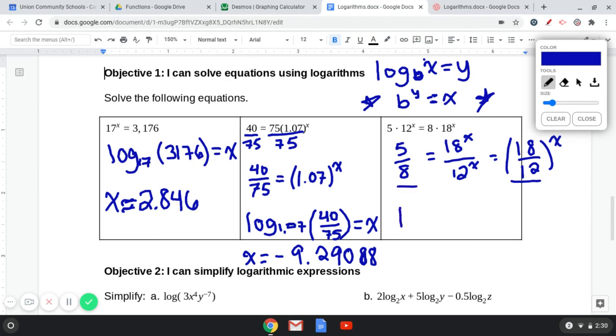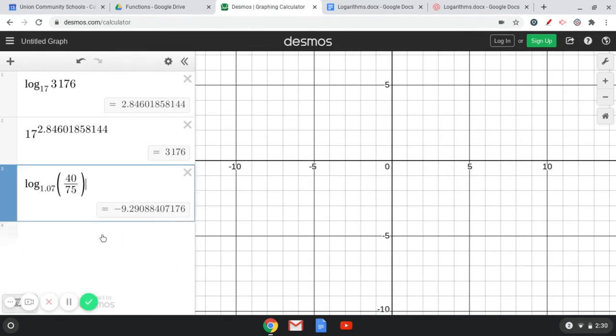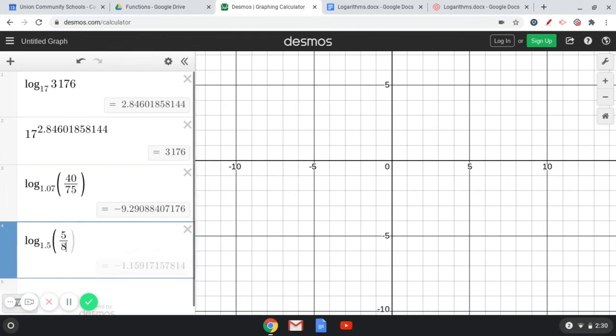So our logarithmic equation will end up being log base 18 over 12, which is just 1.5, so log base 1.5 of 5/8 is equal to our exponent. Now we go back to Desmos and type that in. So log base 1.5 of 5/8 is negative 1.15917.